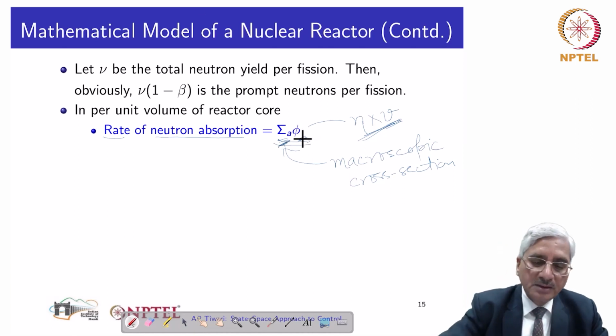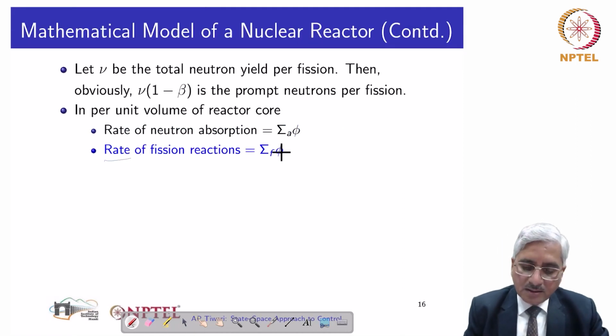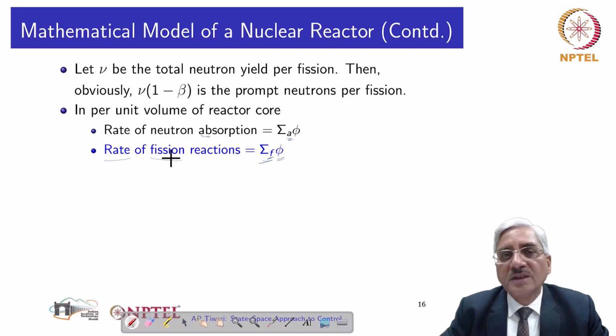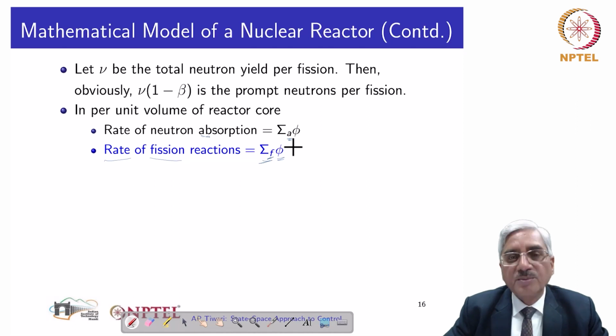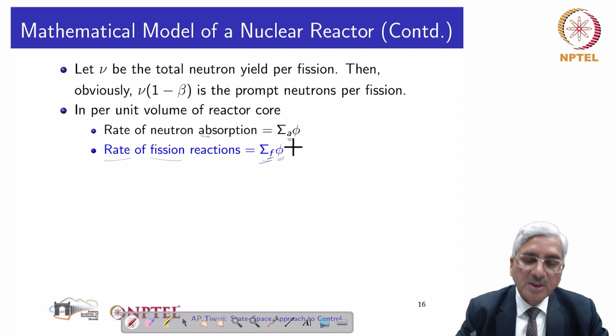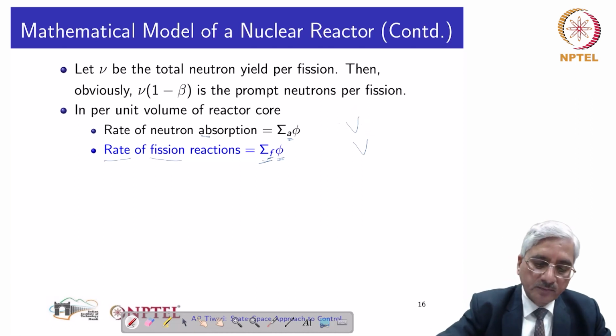For absorption, a is for absorption; for fission, the interaction rate is in a similar manner sigma f times phi. So sigma f phi is the number of fission interactions taking place in the unit volume of the reactor, and for the complete core it has to be multiplied by the volume of the core in order to get all the interactions going on.